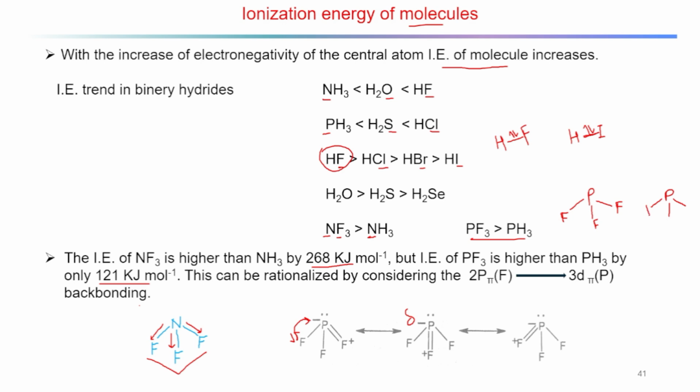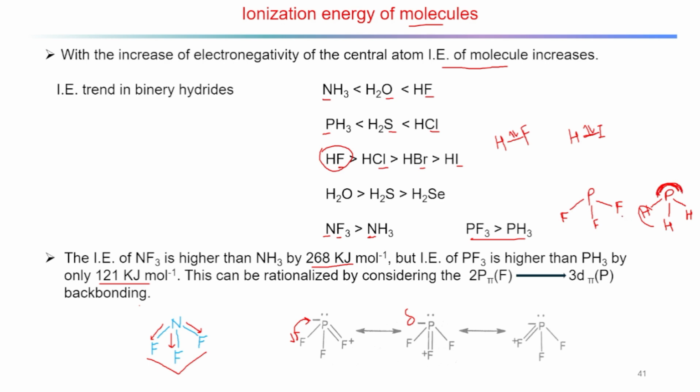So just try to understand the ionization energy of these molecules. Although hydrogen is more electronegative compared to phosphorus, still you can think there is a significant amount of electron density on this phosphorus.